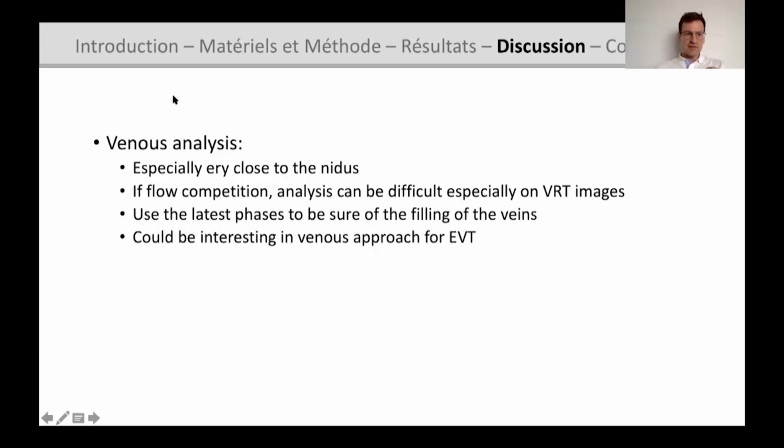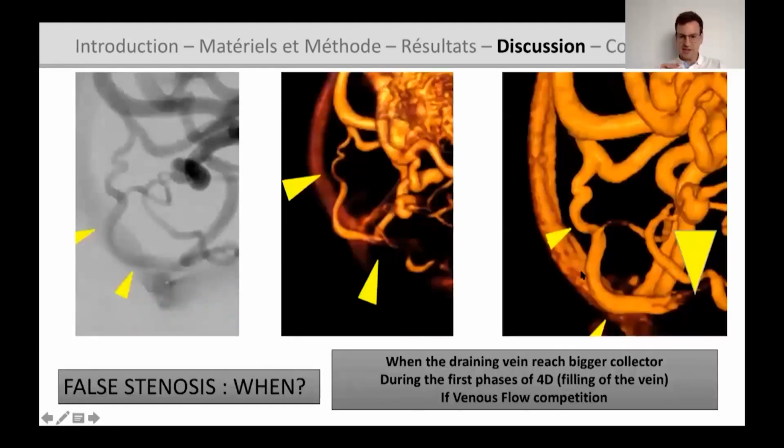Just for the venous analysis, it's very interesting, especially very close to the nidus. Flow competition analysis can be difficult, especially on VRT images. Use the latest phase to be sure of the filling of the veins; it could be interesting in the venous approach. And you can see here the image you can have.